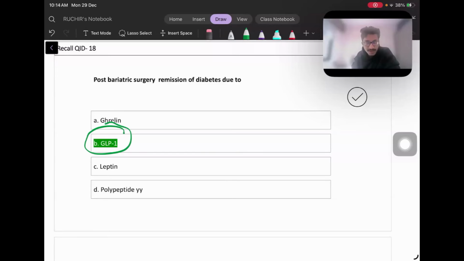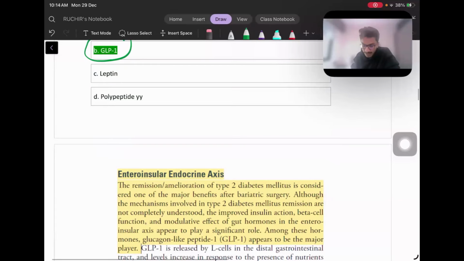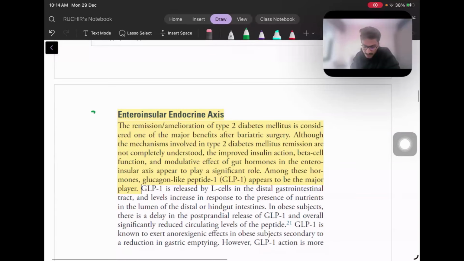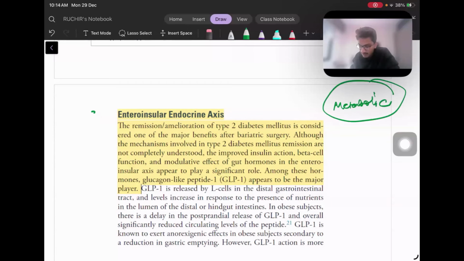This is from Sabiston, where they have mentioned the enteroinsular and the enteroendocrine axis. It is very important that in patients with metabolic syndrome, what is the hormone which we target during bariatric surgery, that is the bypass surgeries?